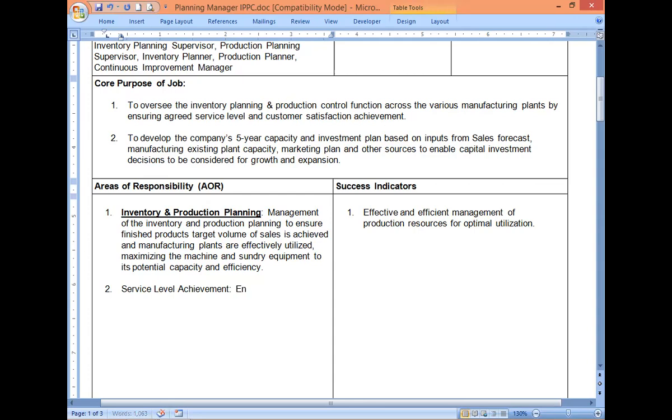So I would say ensure that service level agreement.